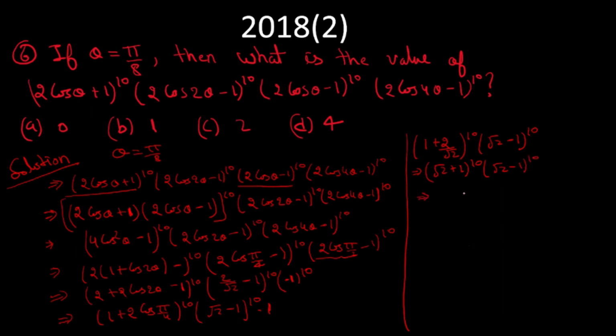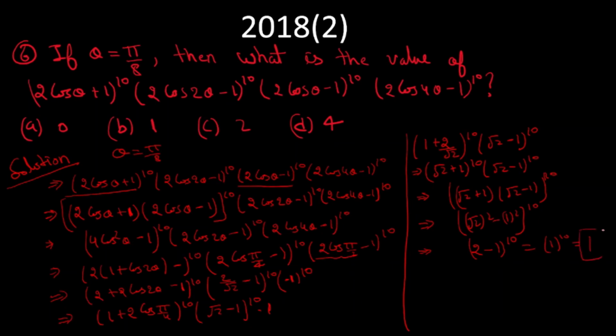I take power 10 common. Using the formula a plus b, a minus b, this equals (root 2 square minus 1 square) power 10. Root 2 square is 2, minus 1, power 10, we get 1 power 10, which is 1. So 1 is our answer.